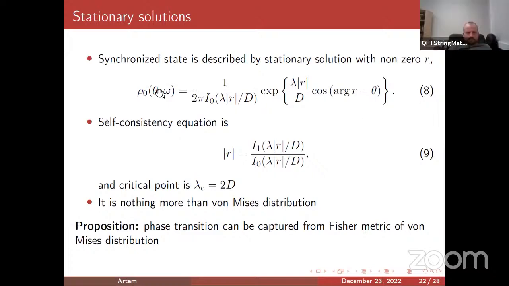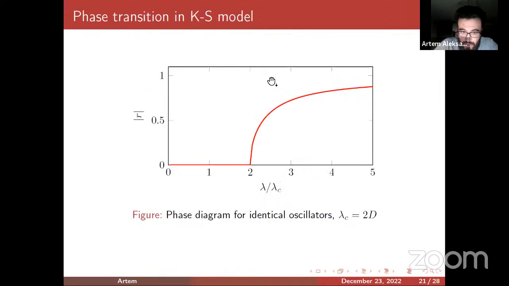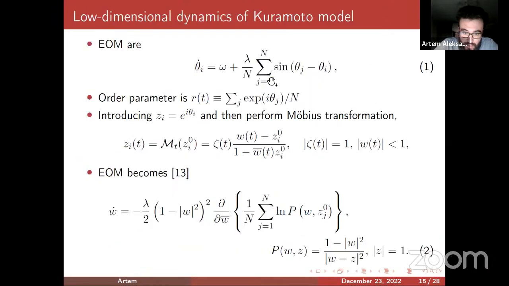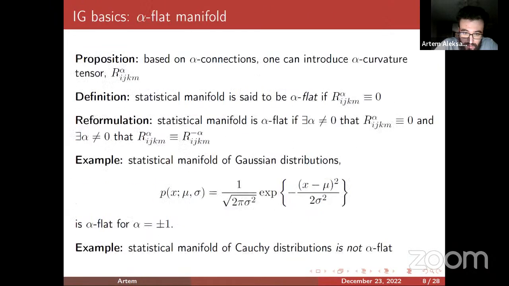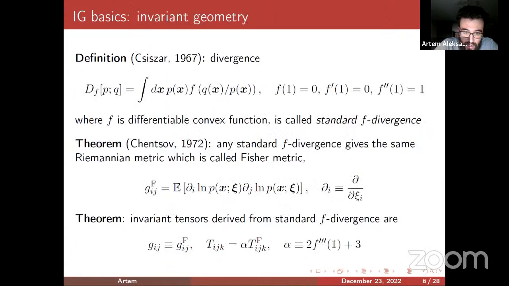The very first expression on this slide is nothing more than a probability distribution. It is simply a probability distribution that is normalized to unity. So I just pick this expression, and then I compute the Fisher metric by definition.